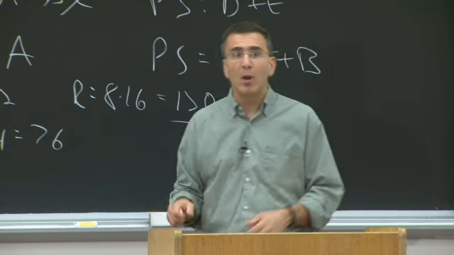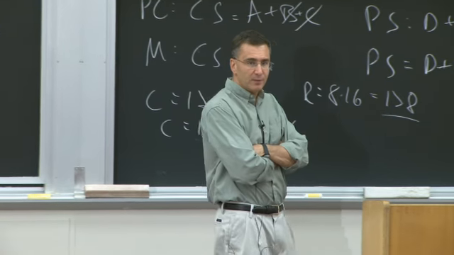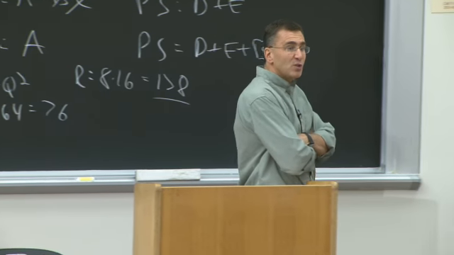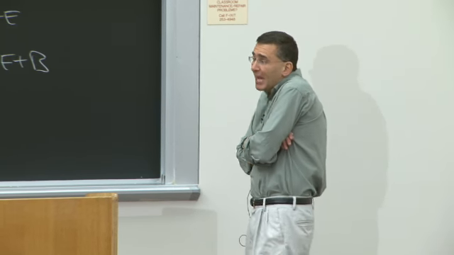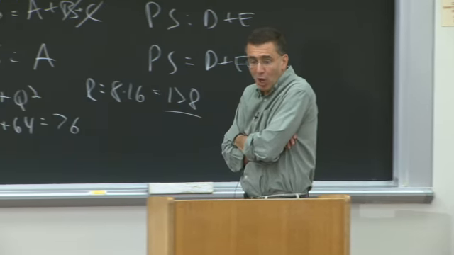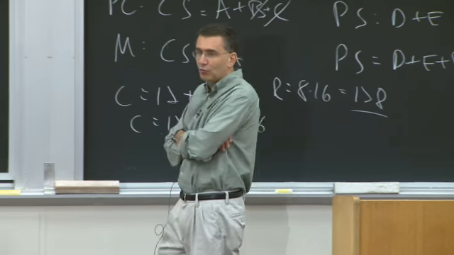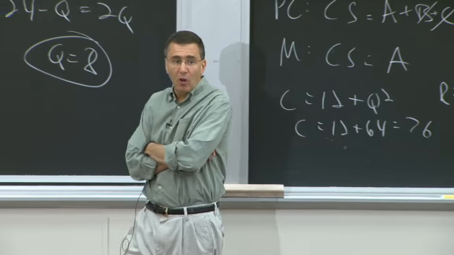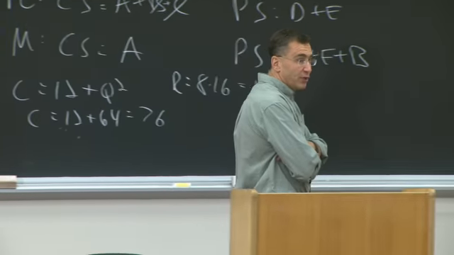Okay, but I want to talk about one more thing before we stop, which is the key assumption we made here: that the monopolist could only charge one price to everyone. In fact, we know that's not true. In the world there's a large amount of what we call price discrimination. For many goods, different prices get charged to different consumers.